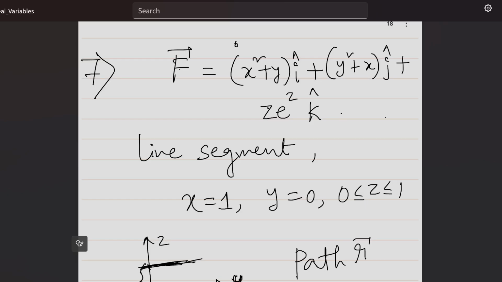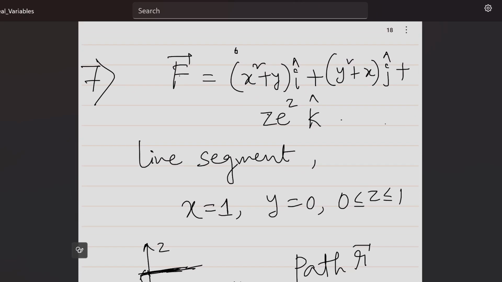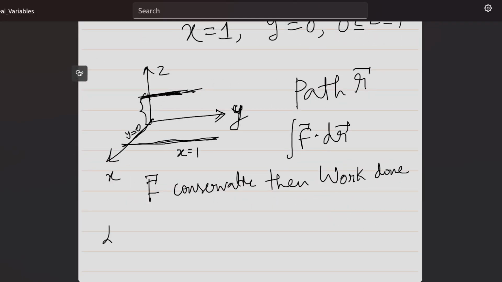In some critical problems, as I told you, suppose F is conservative, then the work done depends only on the initial and final point.